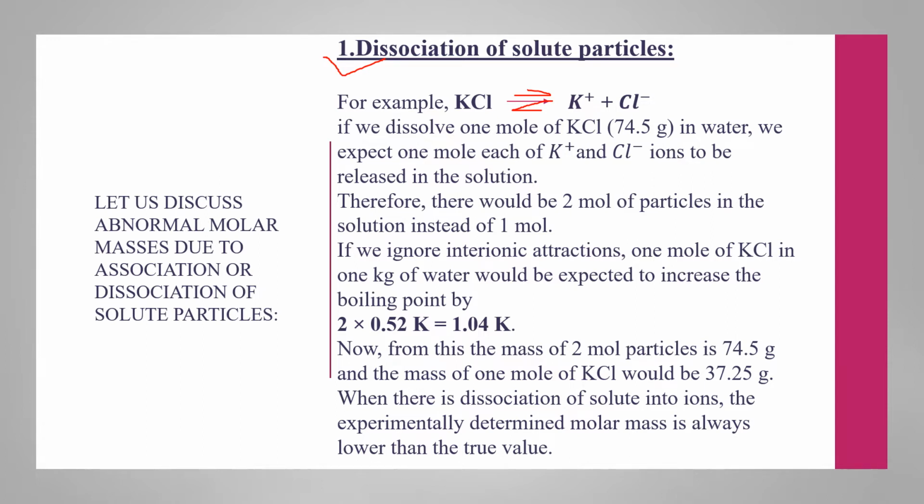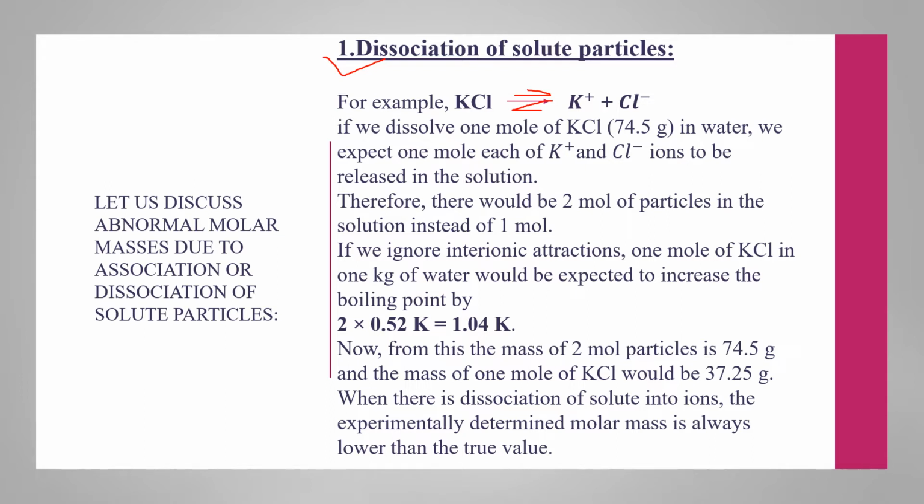It means we started with 1 mole of KCl, and as we dissolve it in water, we get 2 moles of ions, 1 mole of K+ ion and another mole of Cl- ion. We start with 1 mole and we get 2 moles here.